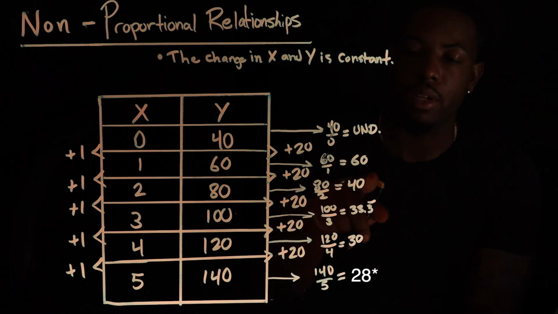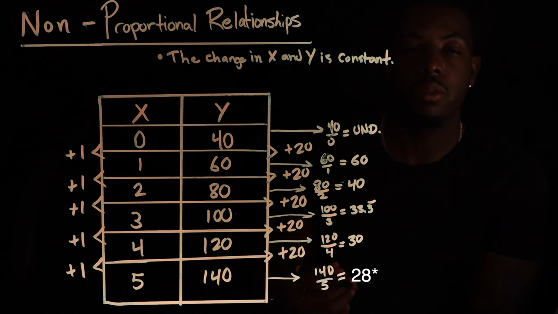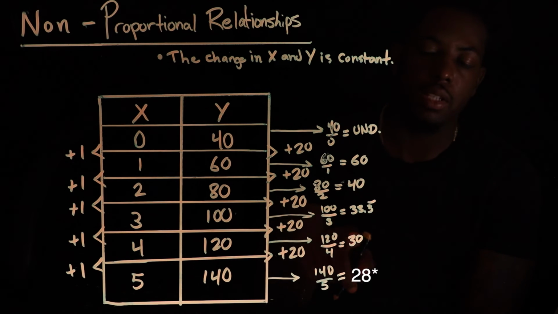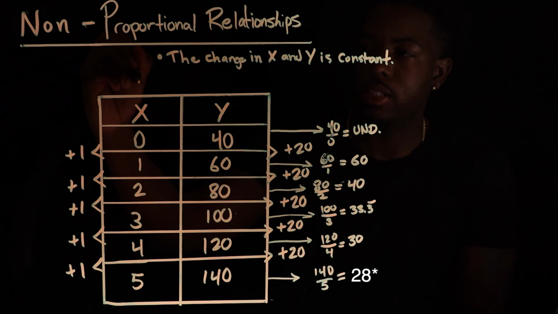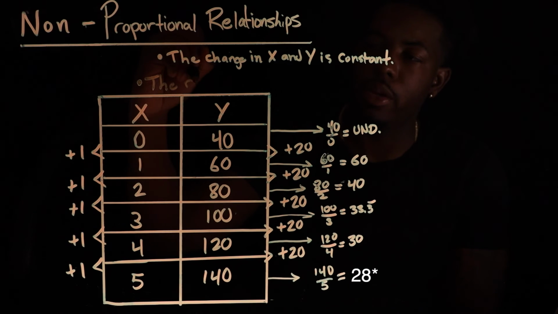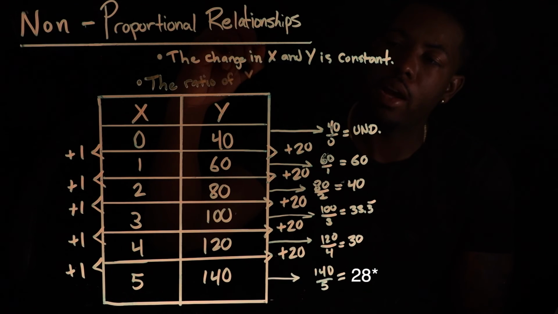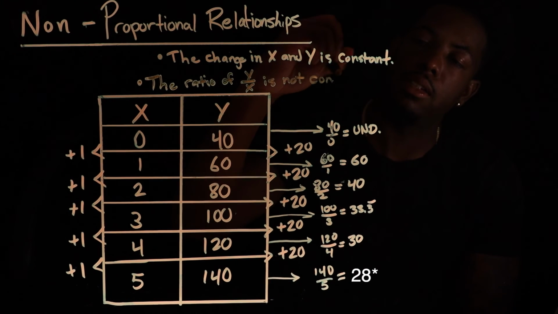We got undefined, we have 60, we have 40, we have 33.3, 30, and so on. The ratio of y to x is not constant. We do not get the same result as we look down this ratio of y to x. So the ratio of y divided by x is not constant.